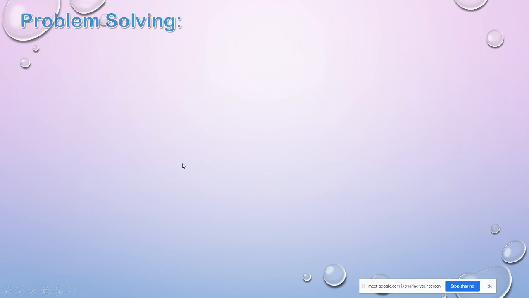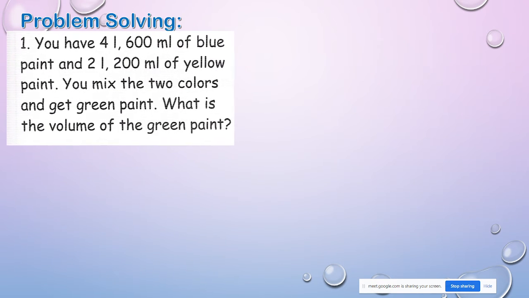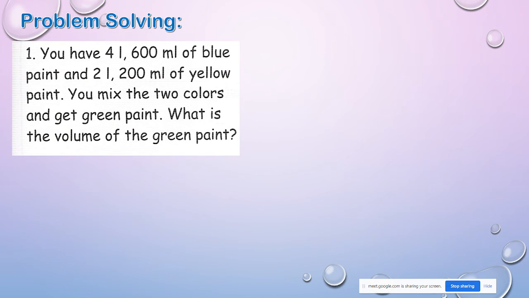For our problem solving, these problems are about finding the volume of liquids, okay? Let us read. You have 4 L, liters, okay?